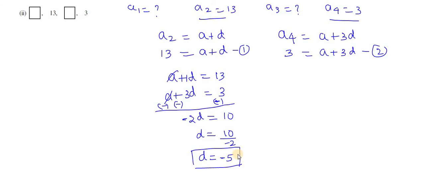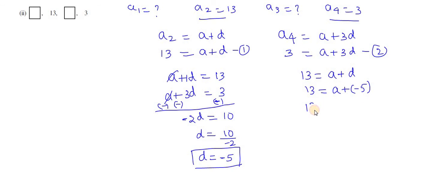Now D is equal to minus 5. Now substitute D is equal to minus 5 in any of these equations, either 1 or 2, to get the A value. Even if you want to substitute in the first equation, you can substitute. If you want to substitute in the second equation, you can substitute. You will get the same answer. So here 13 is equal to A plus D. So now 13 is equal to A, here plus the D value is minus 5.